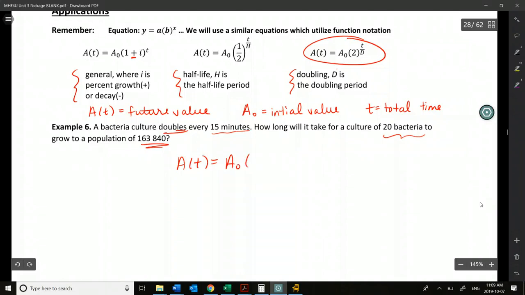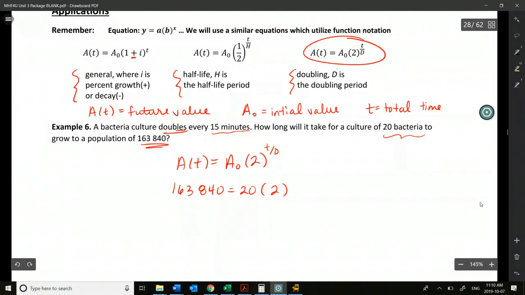This is basically the function notation version of what we have done with y equals a times b to the x. So A at t is going to be my future population at a certain time. So that's going to be 163,840.